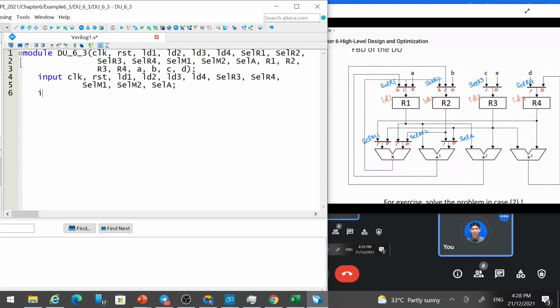We have the 2-bit inputs, which are these two.